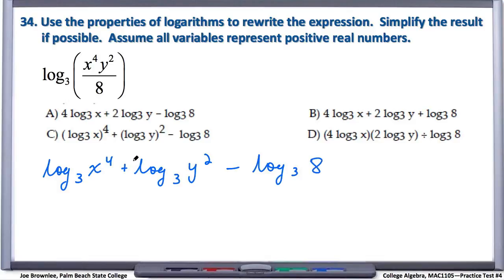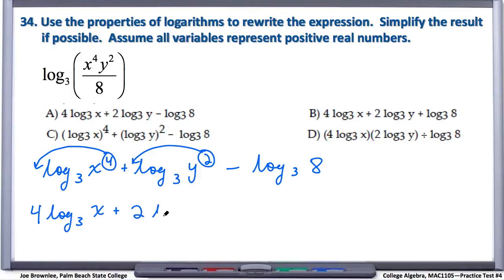And now, like we discussed in video 33, if you have any exponents, go ahead and move those out front. And rewriting this for the final time, we have 4 log base 3 of x plus 2 log base 3 of y minus log base 3 of 8.